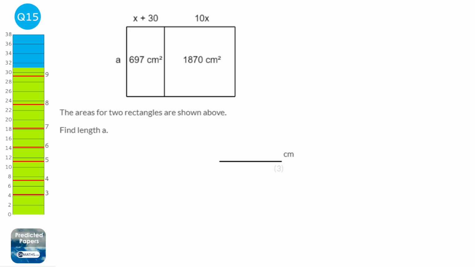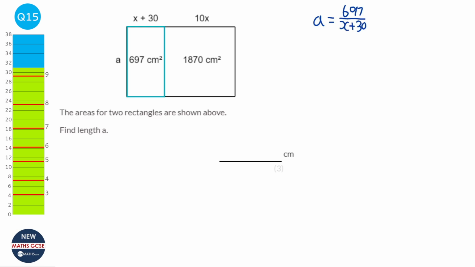I'm going to first of all just focus on this rectangle here, and we know that to find the area of a rectangle you multiply the two lengths, and when you've multiplied them for this rectangle we get 697. But let's write down what a is equal to, and a will be equal to the area, which is 697, divided by the length at the top, which is x plus 30.